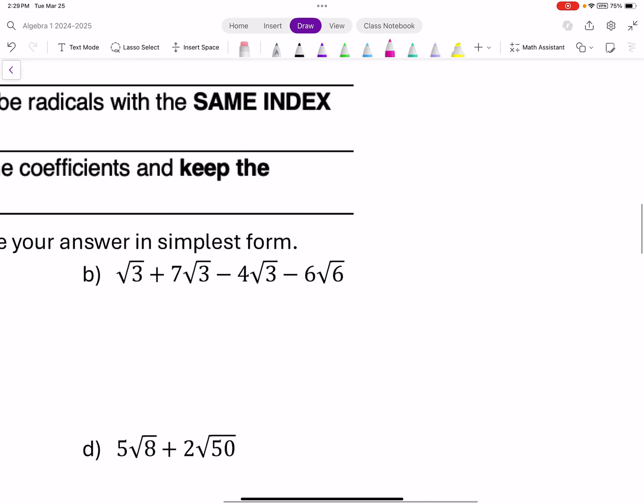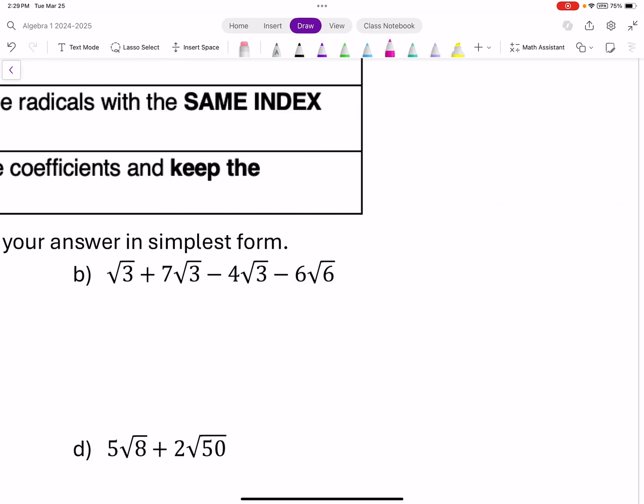So on letter B here, I see radical 3's and I see a radical 6. The first thing I want to make sure is that I can't break them up. So there is not a perfect square that goes into 3 or 6, so they are already broken up as far as they can. Now, what this means is we have 2 different radicals in this problem.